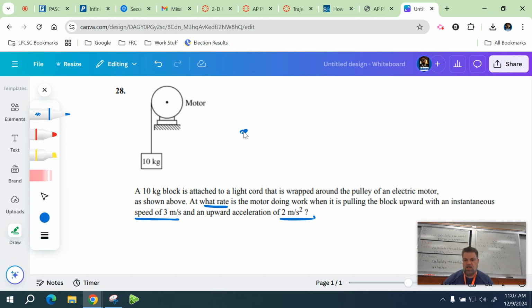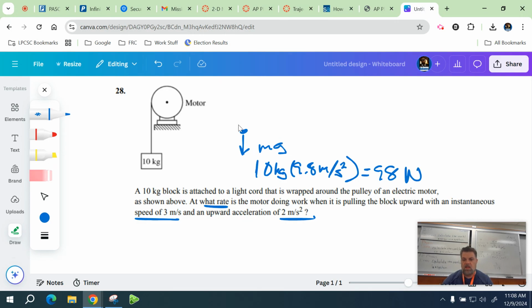So the first thing we need to do is do a free body diagram. So the force going down on this is going to be the mass times the acceleration due to gravity, which is 10 kilograms times 9.8 meters per second squared, or 98 newtons.